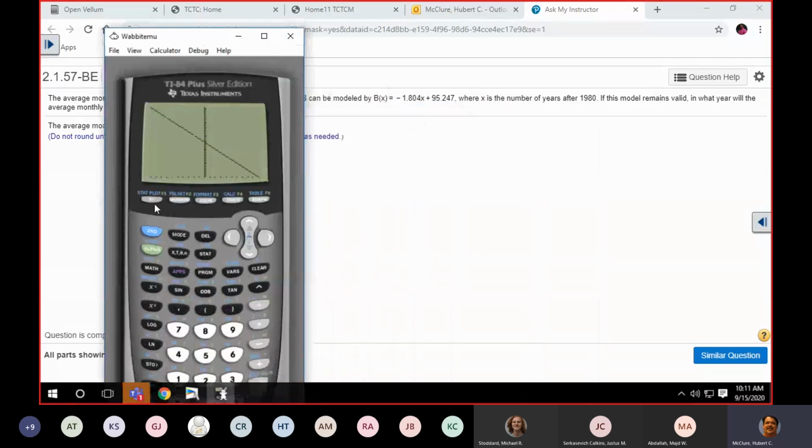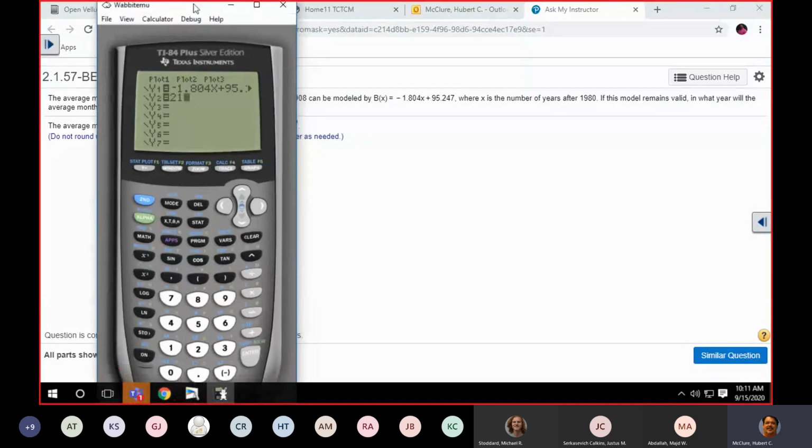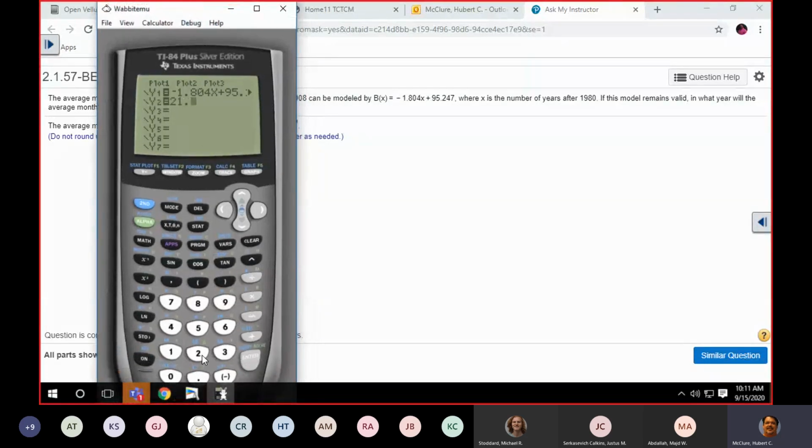So I'm going to put Y is equal to 21.28. Now this is one way to do it. And graph, and now find the intersection of that point. Well, now I got to do zoom again. Zoom fit, which is 9. And it should put it in there. And it does. Zoom standard, zoom 6.